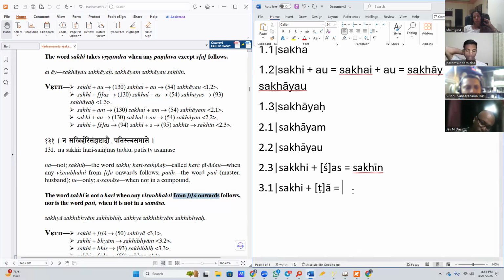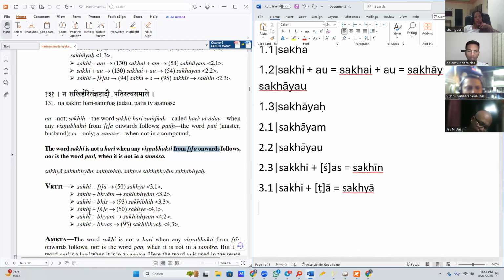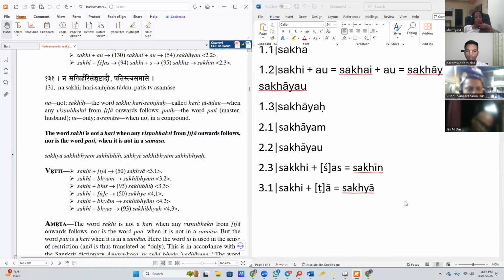So we apply the Sandhi rule, Idvameva Yah Sarveshwari, and we get Sakhya. E becomes Ya because the Sarveshwara is following. Similarly, Sakhi Bhyam, Sakhi Bhya, Sakhi Bhi. 4.1 is Sakhye, same Idvameva Yah Sarveshwari, Sakhi Bhyam, Sakhi Bhyam.